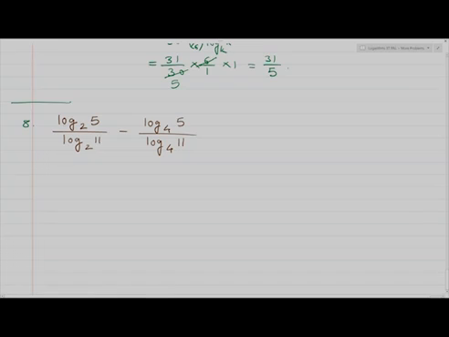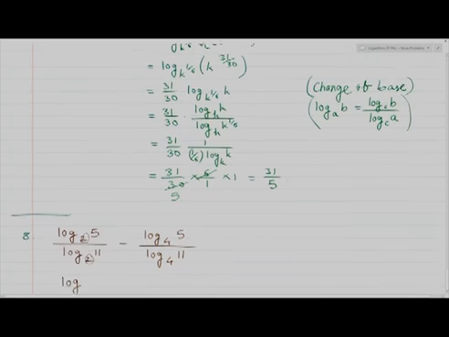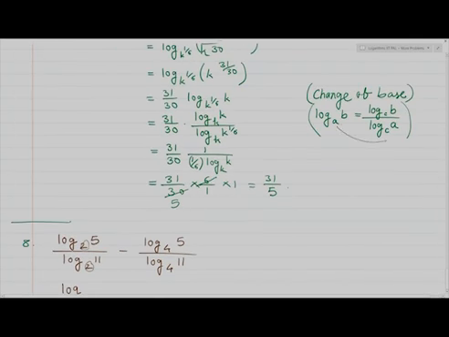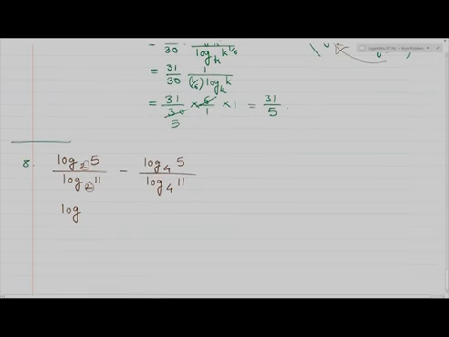So now I have something of this form: log to the base 4, 5 and 11. Since both these share a common base, I don't need to change the color in this, it is very easy. Since both of these share a common base, what will this be? If I use change of base rule in a reverted manner, coming from right hand side to left hand side, it will be log of 5 to the base 11 minus, what will this be?